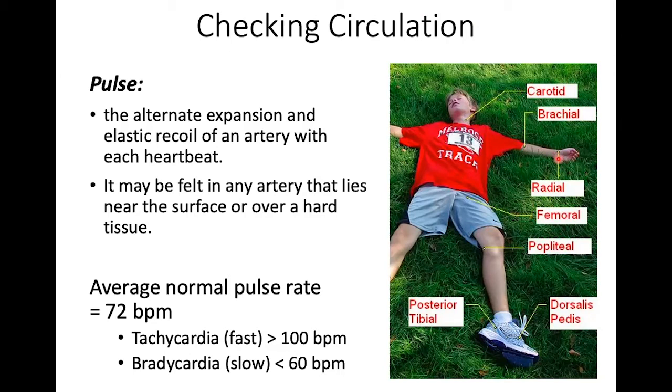And so you don't want to necessarily be grabbing their wrist to try to find their radial pulse. Similarly, the carotid pulse is a really good one to check on ourselves because it's so prominent. But on a patient, you're not necessarily going to want to take your fingers into their neck. It's more invasive. And so through the popliteals, but mainly the dorsalis pedis and posterior tibial pulses, these are ones that you would most likely use within a clinical setting.